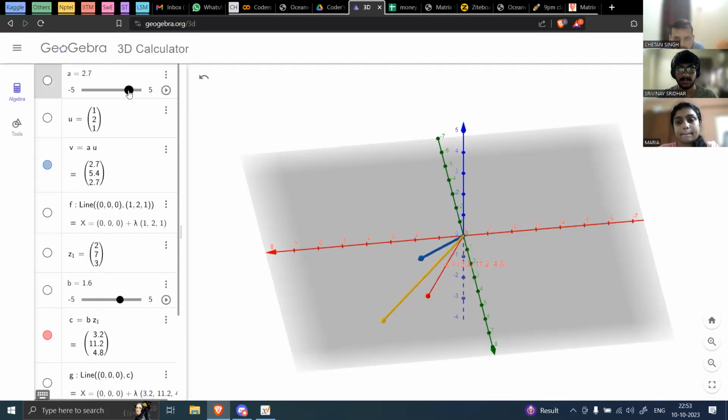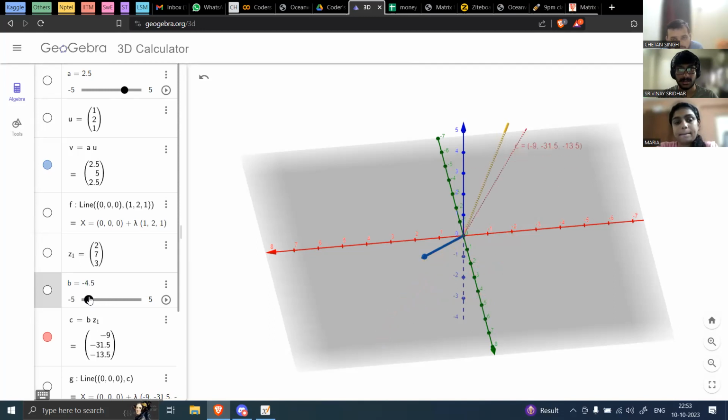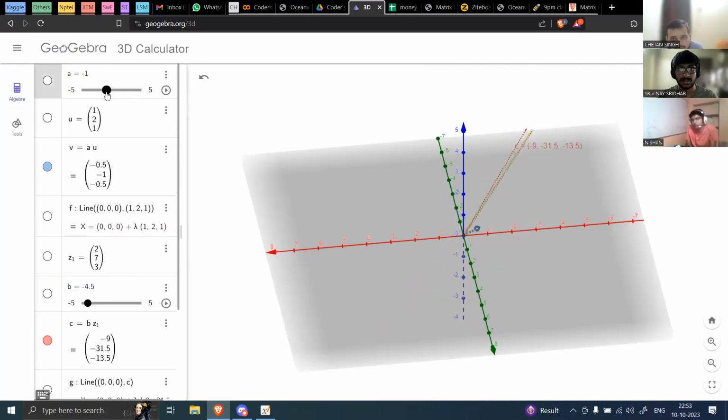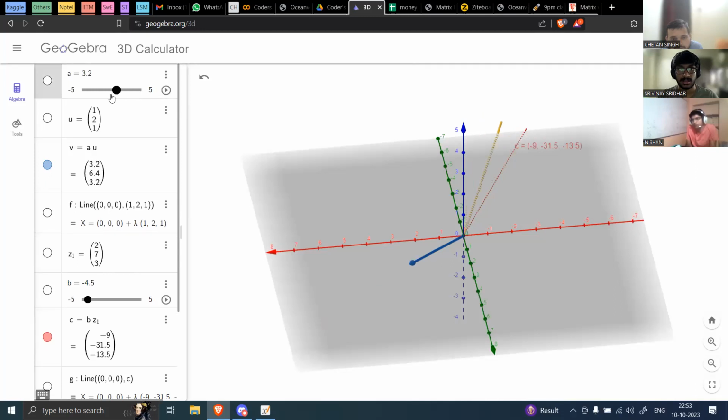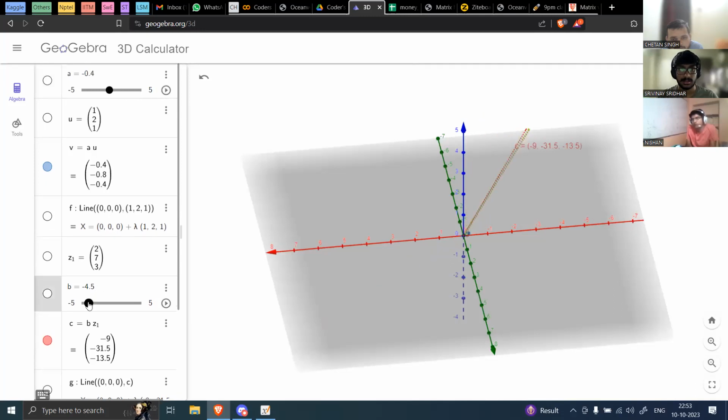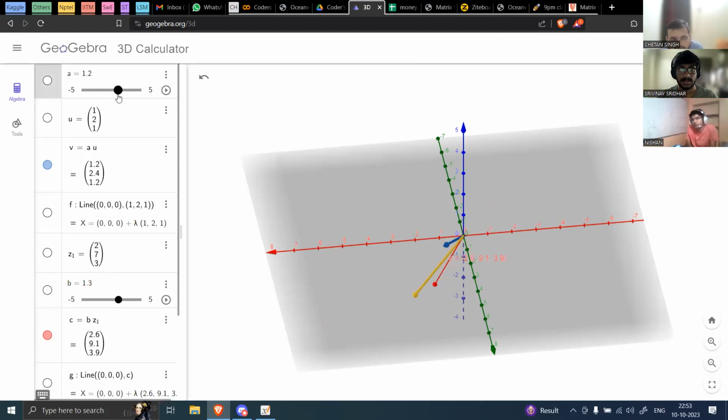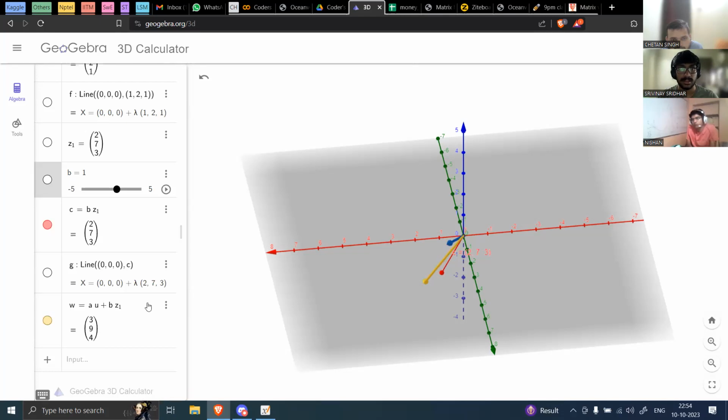As I change blue I can see where I'm going, as I change red where I'm going, right? This makes sense. We will generalize it afterwards. Let us move ahead with this only. So 1 times this vector plus 1 times this vector is going to 3 comma 9 comma.